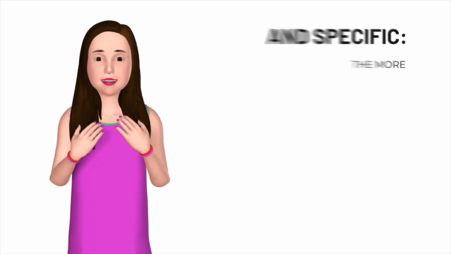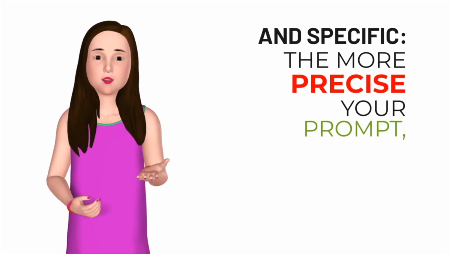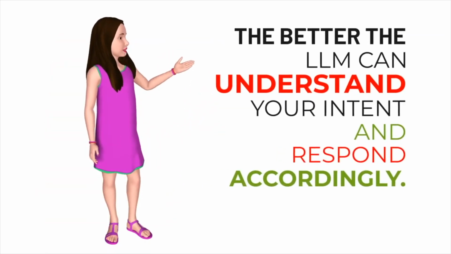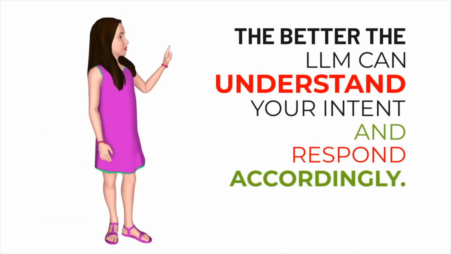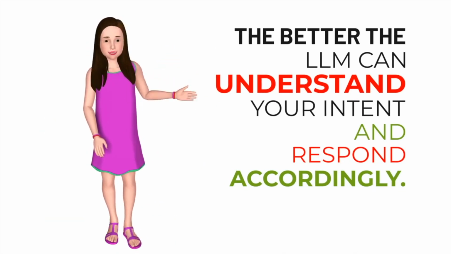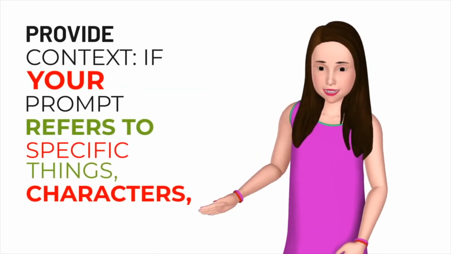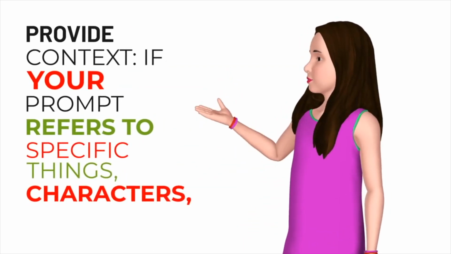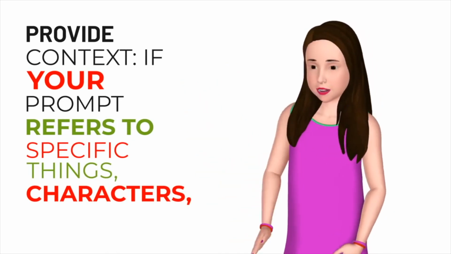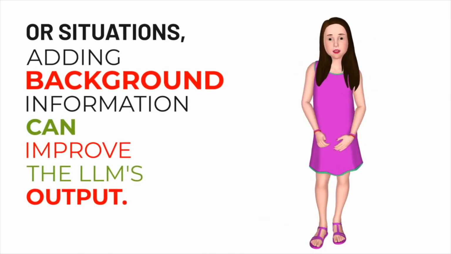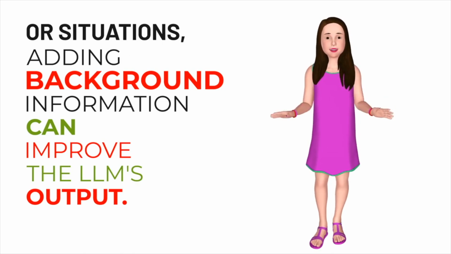Be clear and specific. The more precise your prompt, the better the LLM can understand your intent and respond accordingly. Provide context. If your prompt refers to specific things, characters, or situations, adding background information can improve the LLM's output.